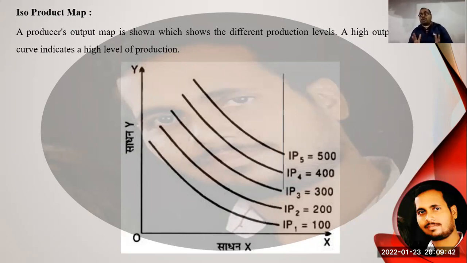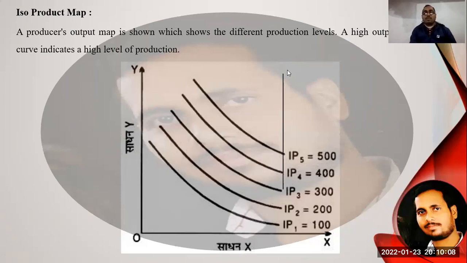So what is the meaning of the iso-product map? The iso-product map shows various sets of IP curves, where different levels of production are shown, and each IP curve attains a larger output while using a larger amount of resources.